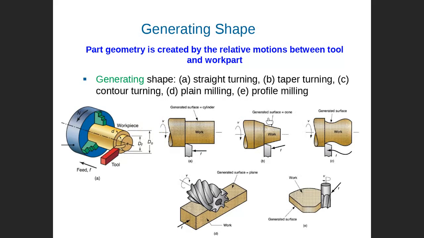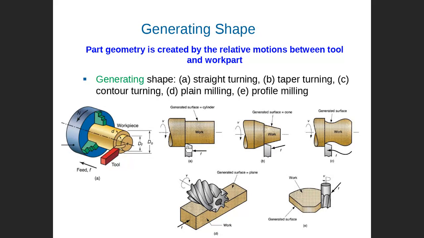Okay, initially, generating shape. When you say generating shape, we use a general tool. There is a relative motion between tool and workpiece. To generate a shape, the tool has to move, so we have speed, feed, and depth of cut.